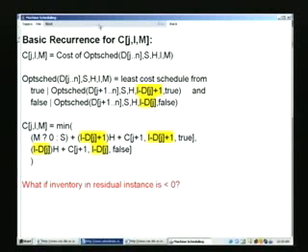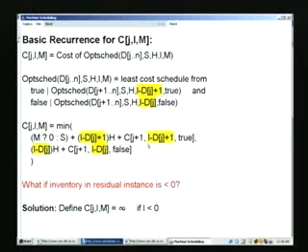Here is a very nice fix to this, a simple fix. We define C of j, i, m to be infinity if i is less than 0. So let's see what this does. In this alternative, if in this table entry we are asking for C of j plus 1 at some negative number, this entry would be defined as infinity.